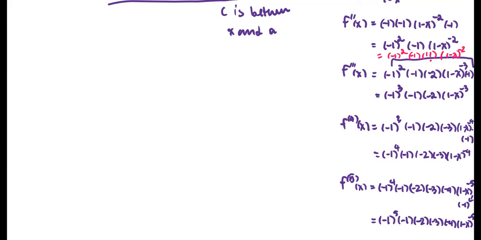For the third derivative, we get negative 1 to the third multiplied by negative 1 to the second times 2 factorial times 1 minus x to the negative third. The fourth derivative, we get negative 1 to the fourth times negative 1 multiplied by itself 3 times. And the rest is going to be the factor 1 times 2 times 3, or 3 factorial, times 1 minus x to the negative fourth.